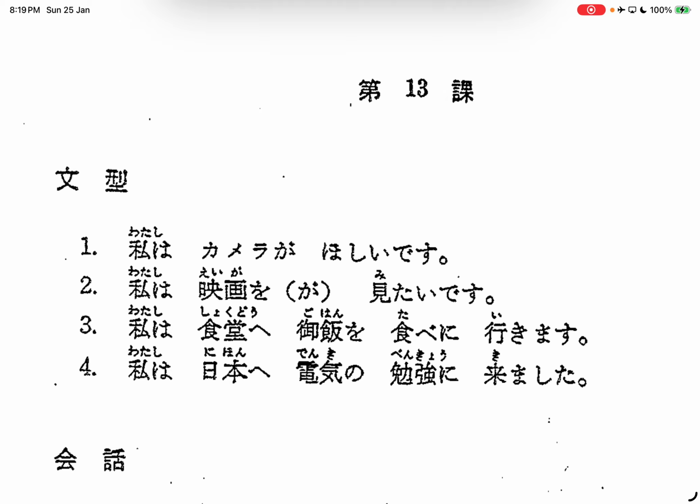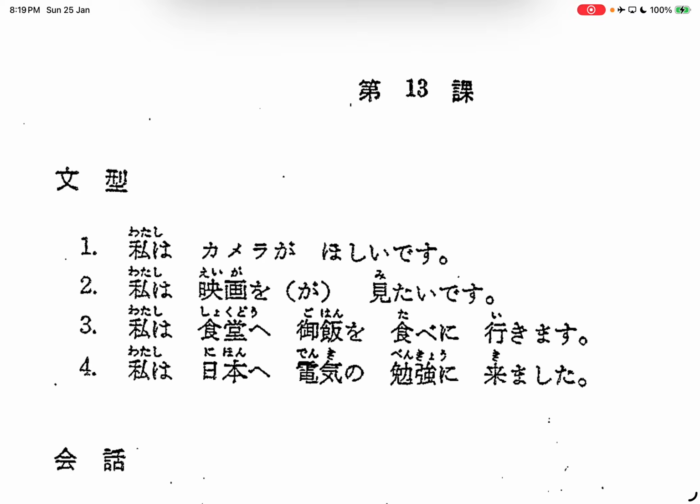Because of the verb form. Right? We conjugated, that means we changed the form of 見る to 見たい. So 見る to 見たい, it becomes like to watch becomes want to watch. So now there's a want. We need to want to do something. So what do you want? Right? So we need to have the object. So in this case, our object is 映画. So 映画を見たいです.